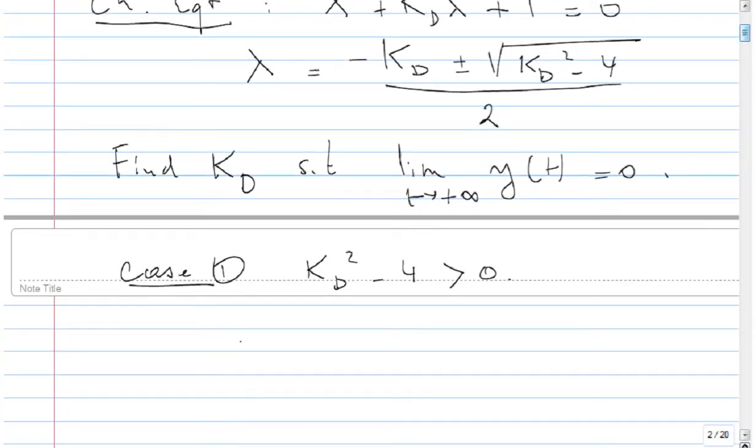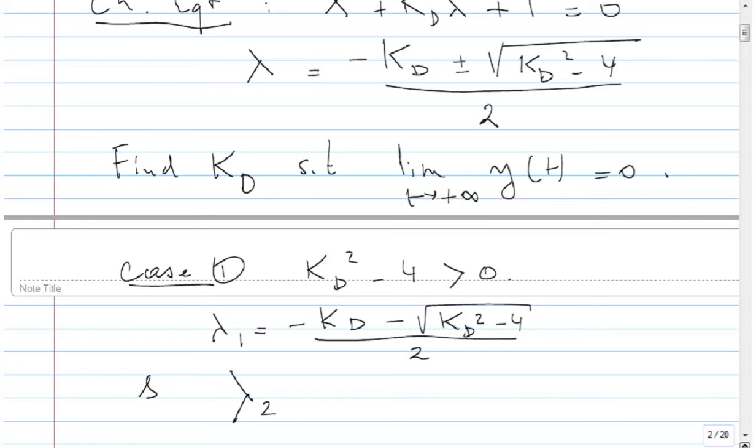So we have lambda 1 equal minus kd minus square root of kd squared minus 4, over 2, and lambda 2 equal minus kd plus square root of kd squared minus 4, over 2.